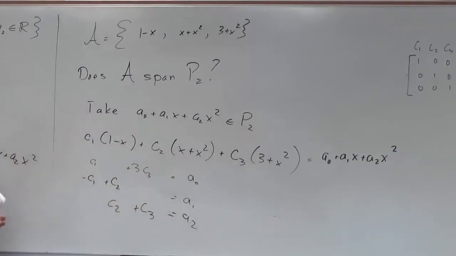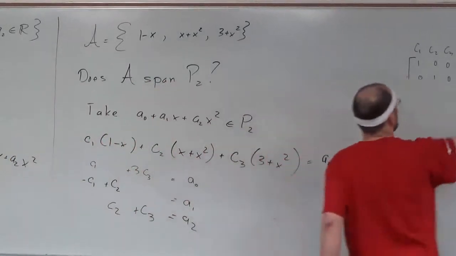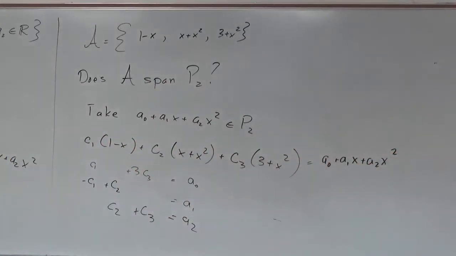And that's a system of equations. And then we would write that as a matrix equation and start row reducing and whatnot.